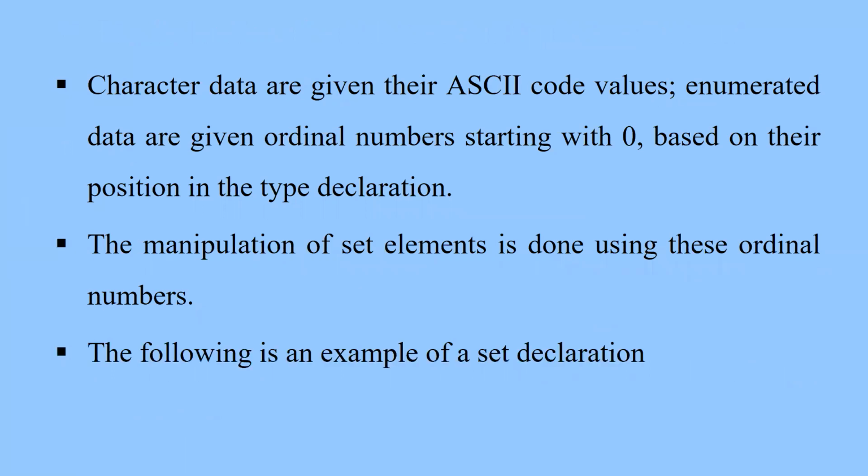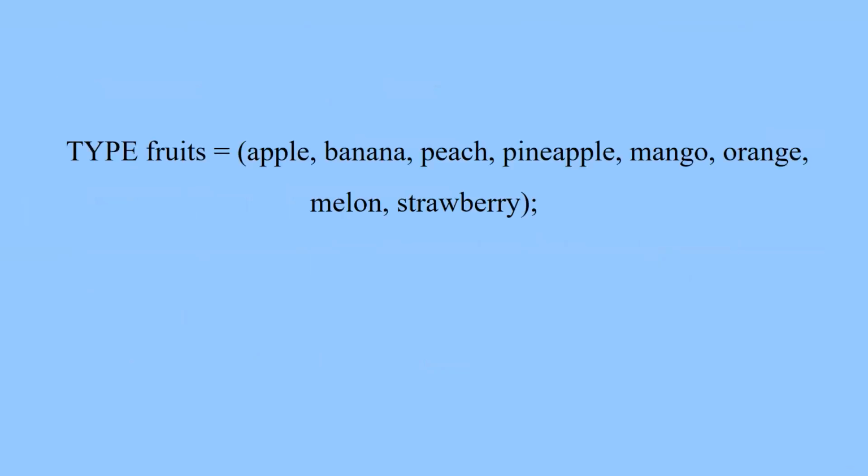The following is an example of a set declaration. Type fruits is composed of, this simply means that the data type called fruits is composed of the following elements: apple, banana, peach, pineapple, mango, orange, melon, strawberry.